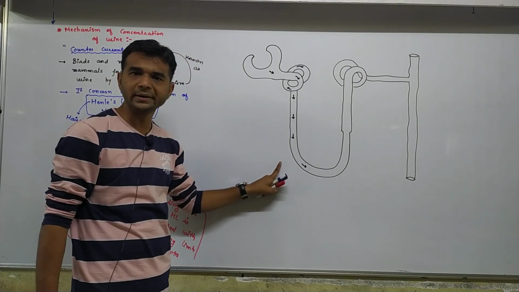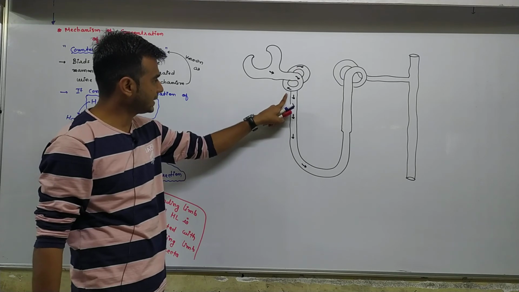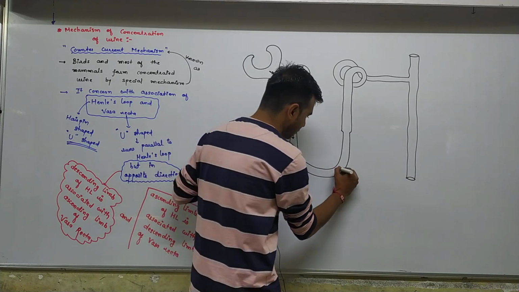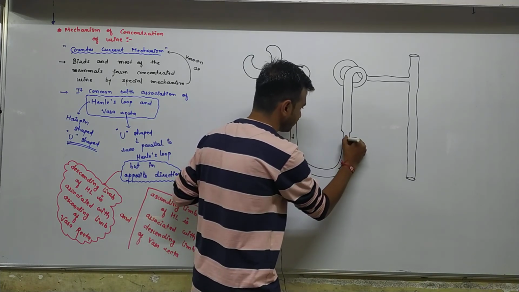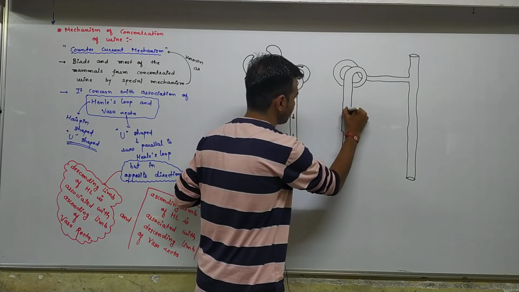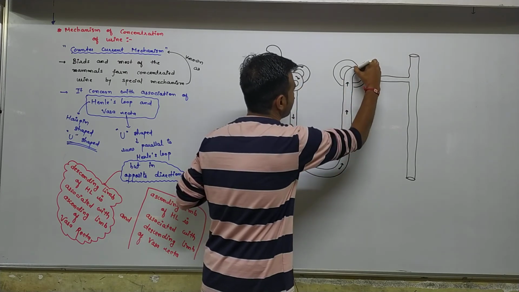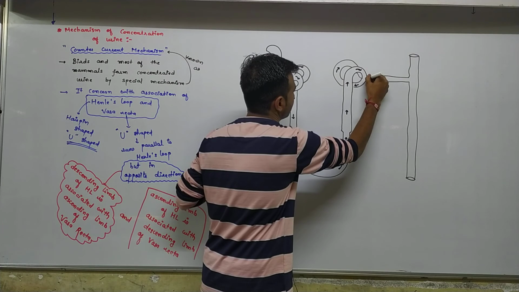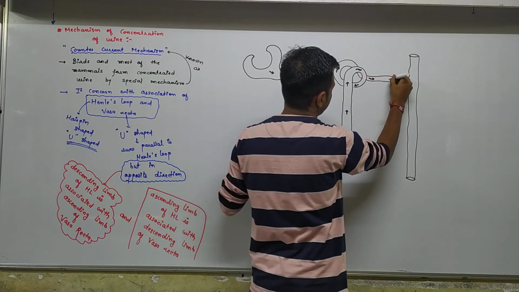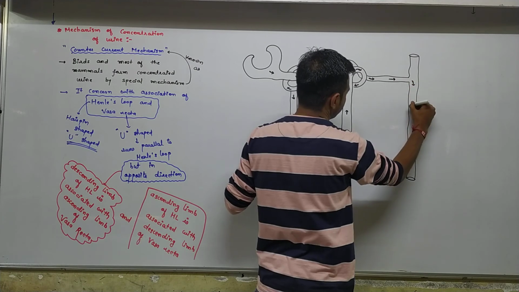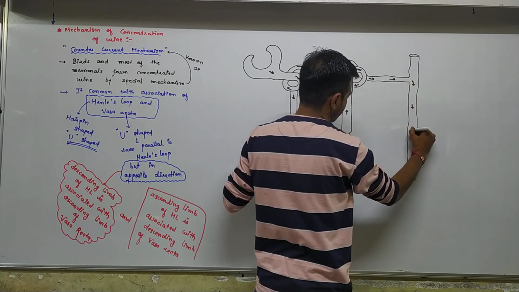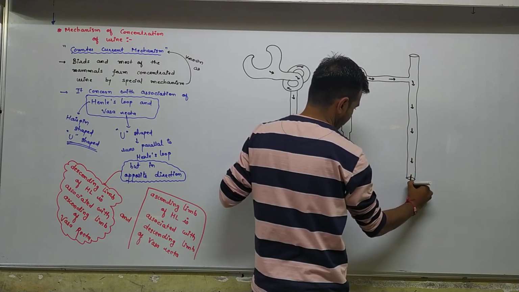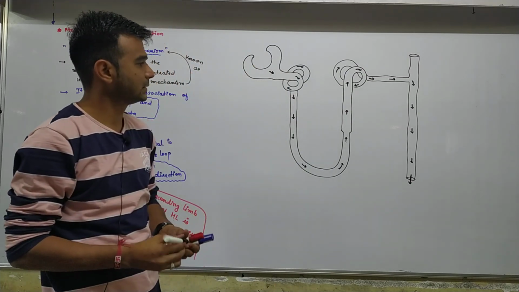This is the most important one. Fine. In the descending limb of the loop of Henle, the filtrate goes in the downward direction. Now the filtrate goes up. Okay.